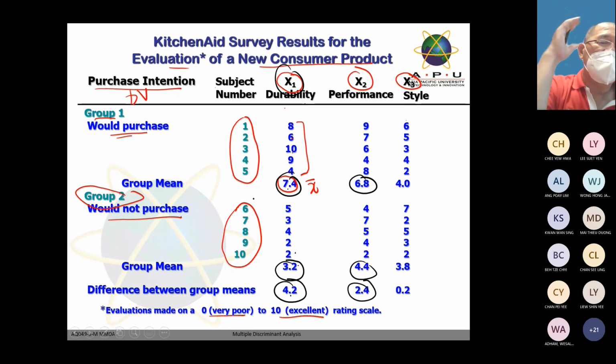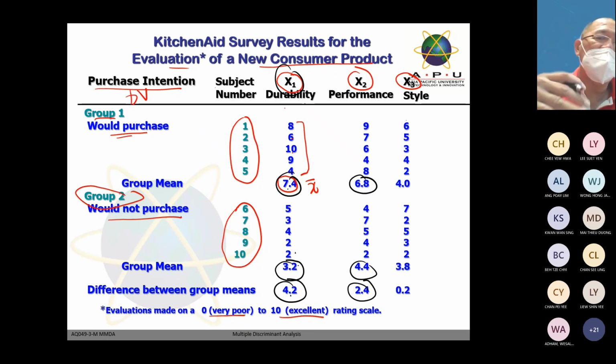Meaning that for these 10 people, the performance is different, but not too much. The style difference is the least, only 0.2. But the durability differs a lot. Maybe this perception affects their purchase intention, and there's quite a high chance that it will.